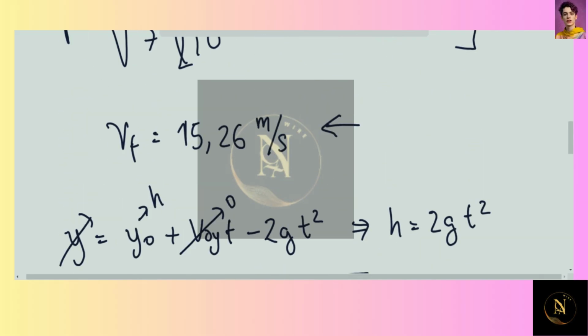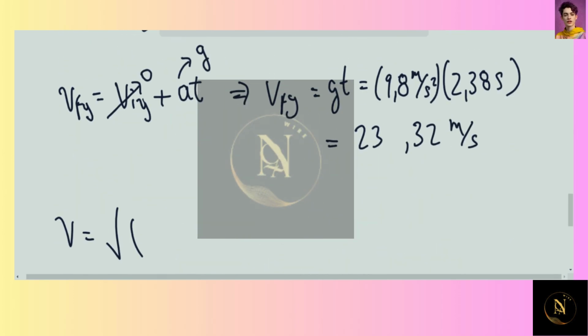So plugging these two values into the equation for the speed, we will have the velocity in the x component squared plus the one that we just determined squared.